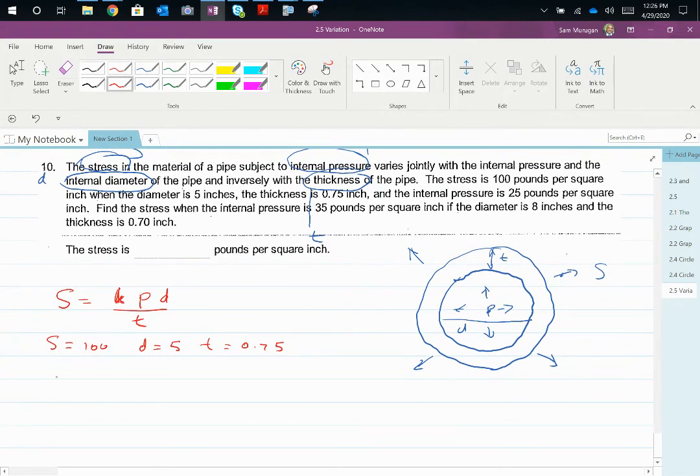As you can probably tell, we're going to calculate the value for K. Pressure is 25 pounds. So 25 times diameter 5 over thickness 0.75.